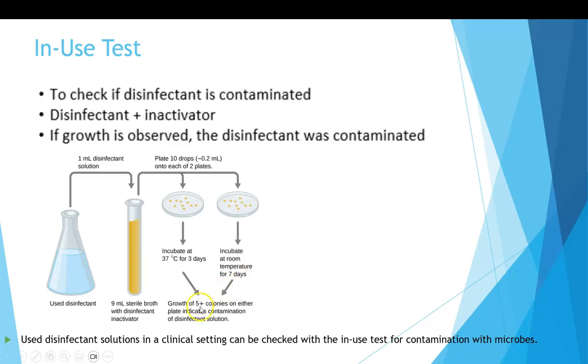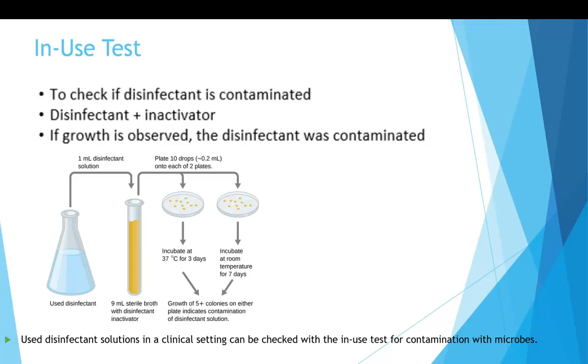If you see more than 5 colonies on either plate, it shows that the disinfectant solution is not efficient in killing and preventing the growth of microorganisms, or that the disinfectant can be contaminated, so they have to change it.